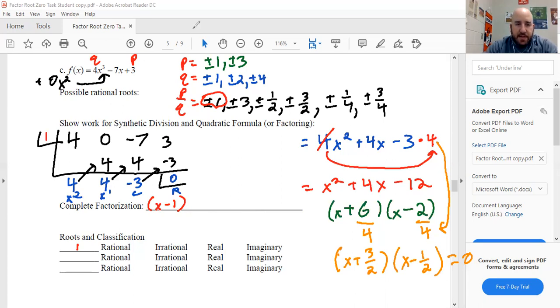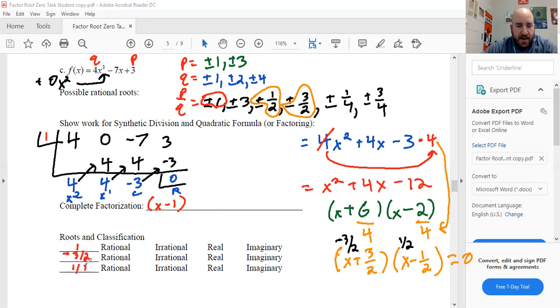But again, this is where I can actually get my roots. What cancels out 3/2? -3/2. What cancels out -1/2 is +1/2. And if you look up here, there's -3/2, there's +1/2. There's rational roots right there.